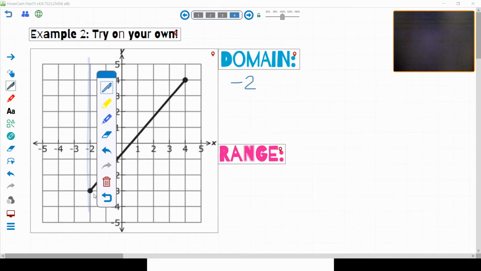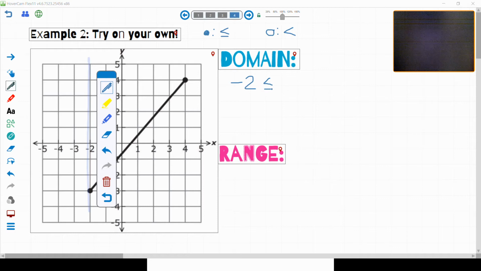Now, because it's a solid dot, recall that solid dots we're going to say will be less than or equal to. But open dots will just be less than. The equal to means I am including the value.